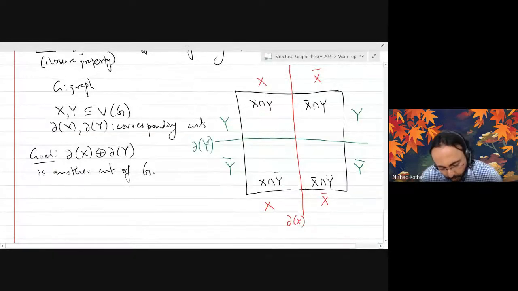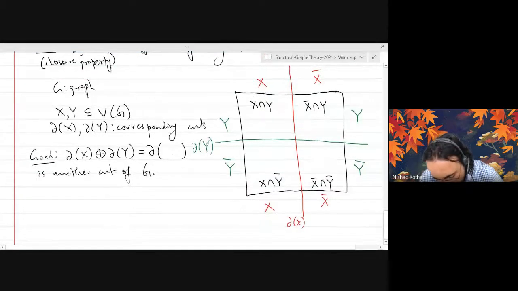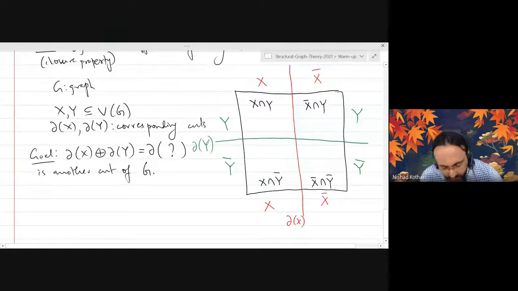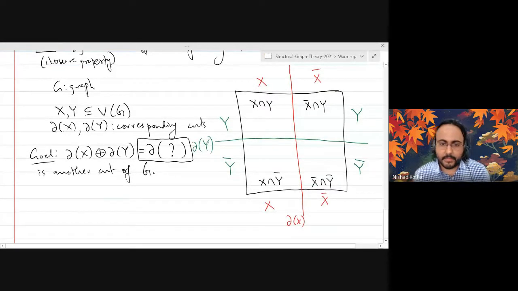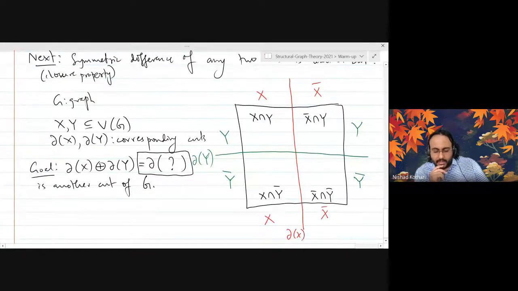We want to show that this set is the partial of some other set, and we need to figure out what this question mark is. Is everybody with me at this point? Are there any questions or concerns about the diagram? Is everybody clear with what this diagram is representing?